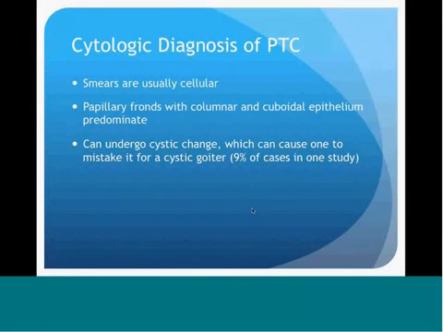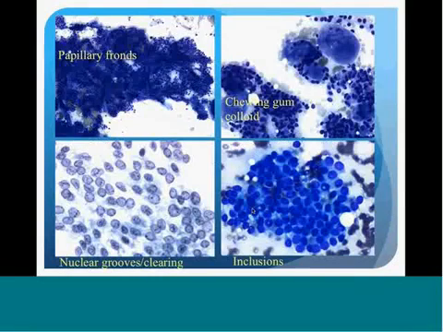So as I mentioned, when going over the slides, the cytologic diagnosis of papillary carcinoma is usually a straightforward diagnosis. The smears are usually very cellular. You see papillary fronds with columnar and cuboidal epithelium. You can have cystic change, which can cause one to mistake it for a cystic goiter, which is a theme that I've been repeating throughout this lecture, where papillary carcinomas can present as cystic lesions.